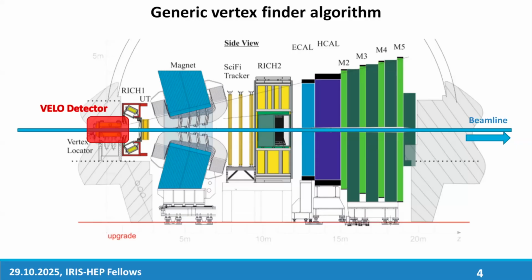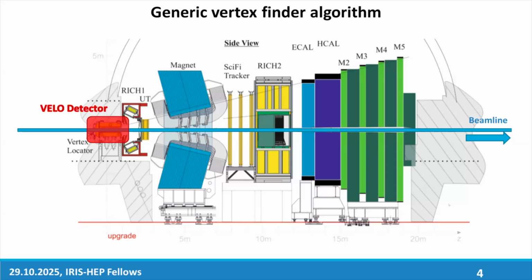These B hadrons are formed in the forward or backward cones, which is why we built this detector in this way. This design allows LHCb to register signals from the decay of long-lived particles into standard model particles, so we can do it with high precision and resolution.